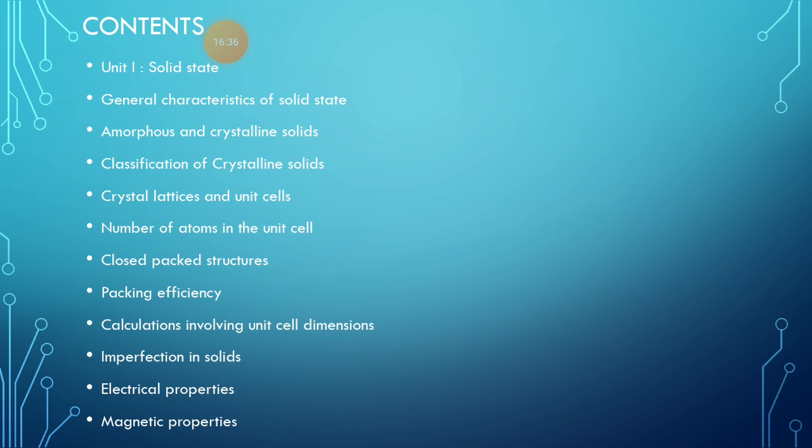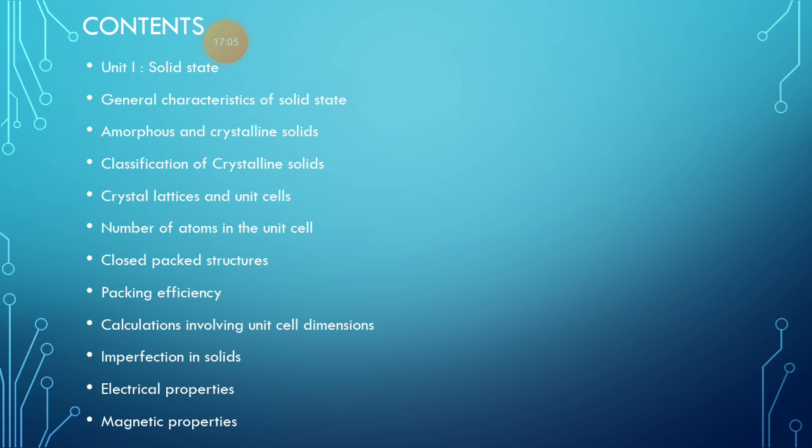Then the point comes: imperfections or defects. While forming the crystalline solid, there is a chance that solids may be imperfect or there is a chance of impurities. The impurities cause certain defects, which we are going to learn in this point. Then we are going to learn about the electrical properties: conductors, insulators and semiconductors.